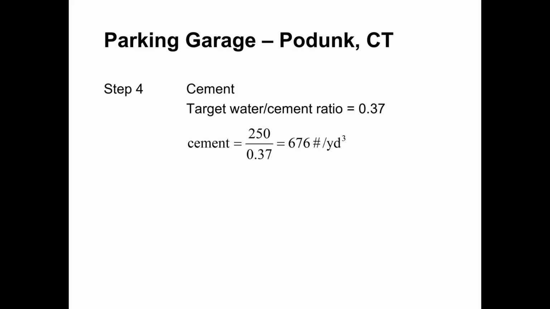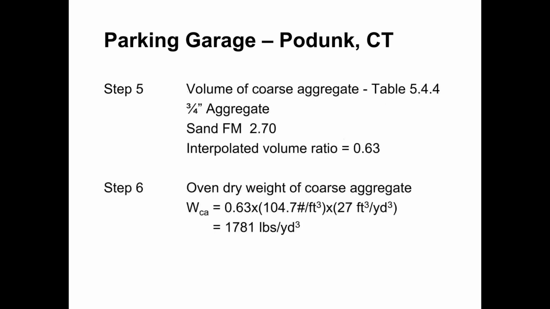All right, so at this point we've got our water weight and our cement weight. Next, let's look at our volume of coarse aggregate. We can look at table 5.4.4. We do have a 3/4 inch aggregate, and our sand has a fineness modulus of 2.70, so we can go to table 5.4.4 to determine our volume ratio.